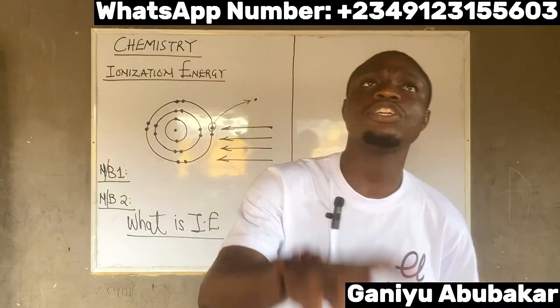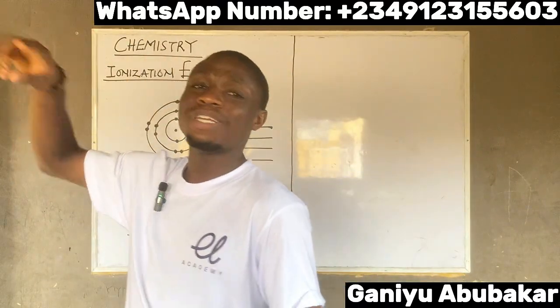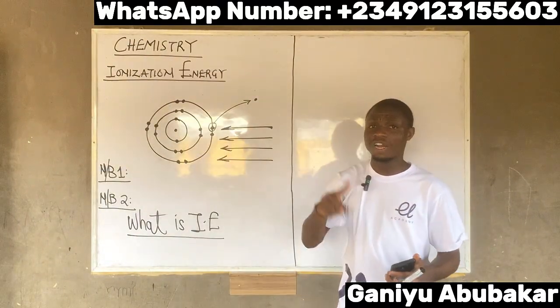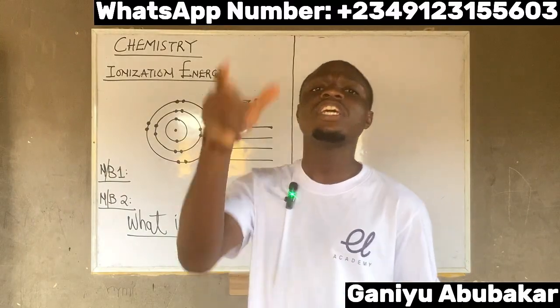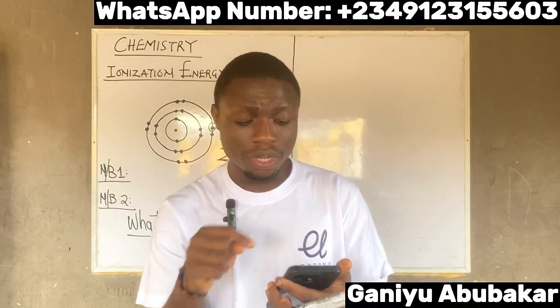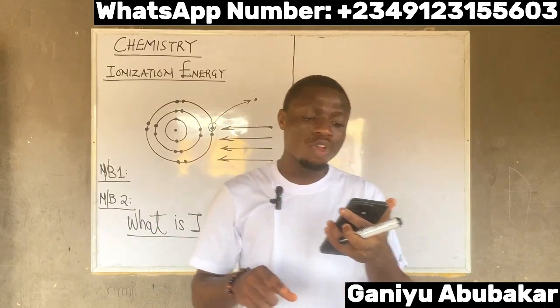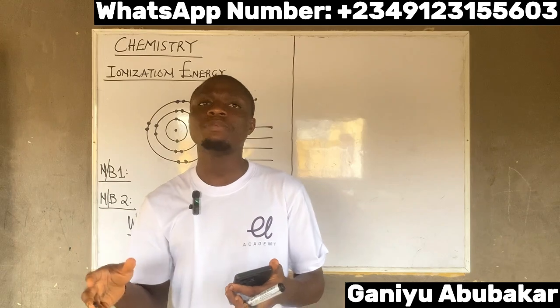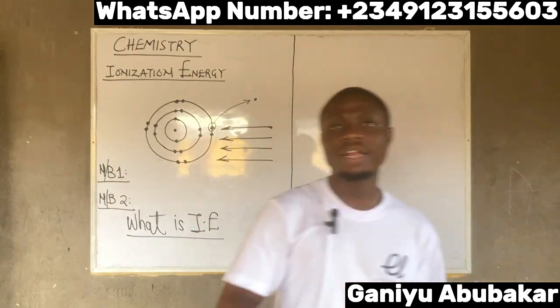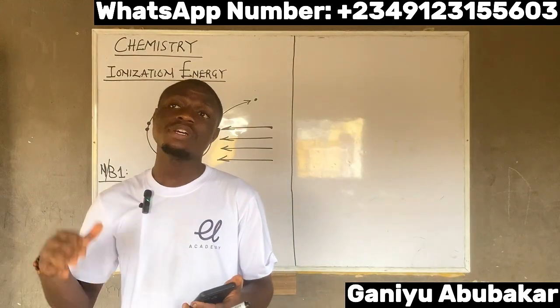So your ability to remove an electron from the outermost shell of an atom, and that atom should always be in a gaseous state. I've given you, from a neutral atom or an ion. So the atom can be either a neutral atom or bearing a charge, right?